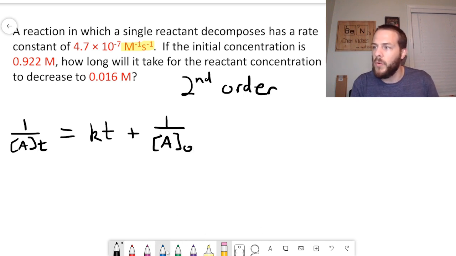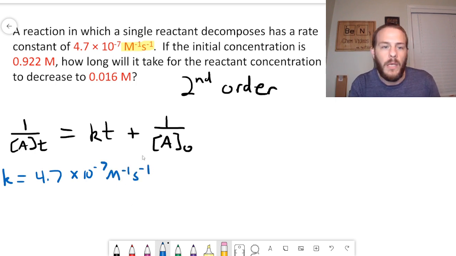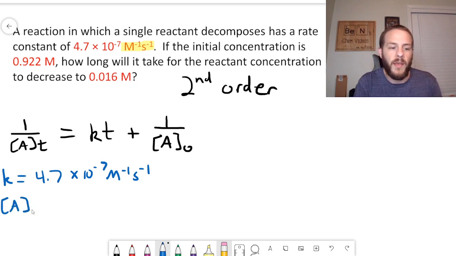right? And according to the problem, we have k, which is 4.7 times 10 to the minus 7 inverse molar, inverse seconds. What else do we have? We have the initial concentration, the concentration of A sub 0, which is 0.922 molar.